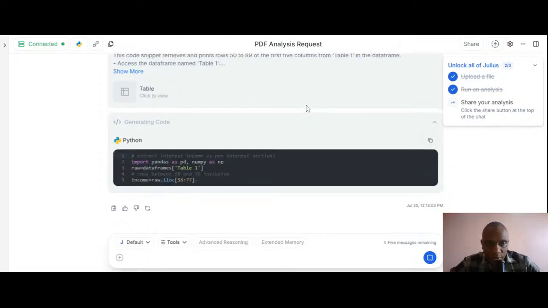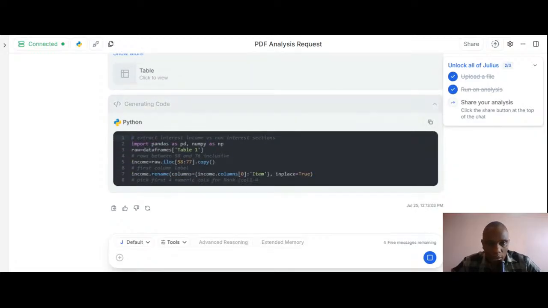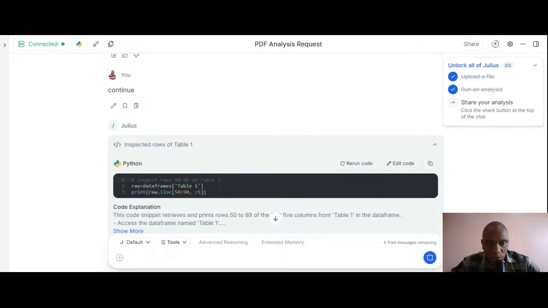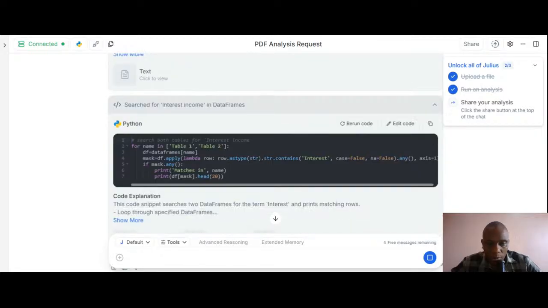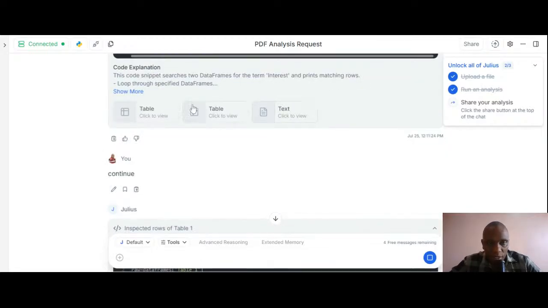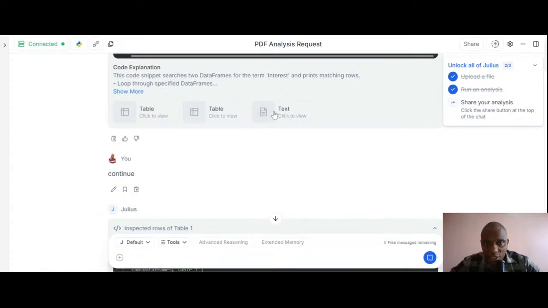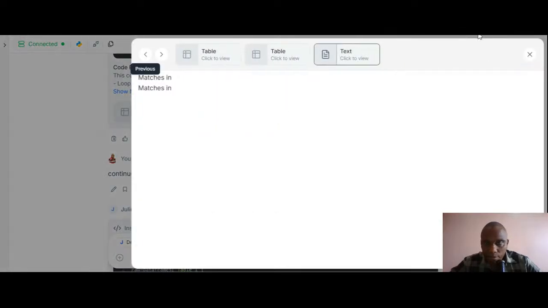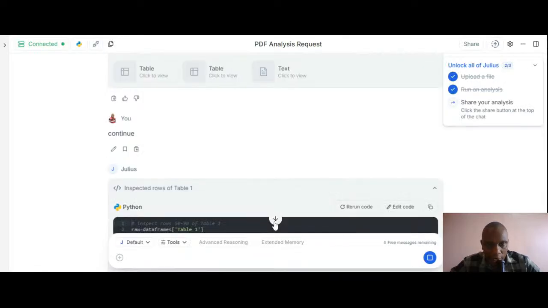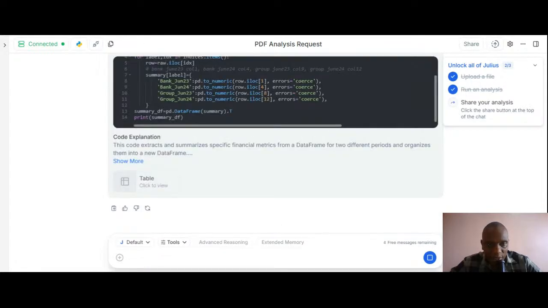So I was looking at one of the tables there. It has started moving. The second table was about the monetary minority interest, profit and loss, and all this. Remember, this is coming from a PDF. It is not coming from Excel, and that is why we have all this information that we have to wait for.